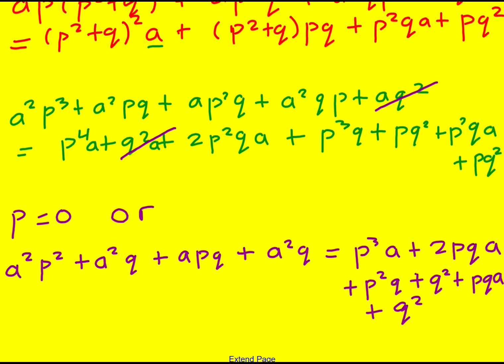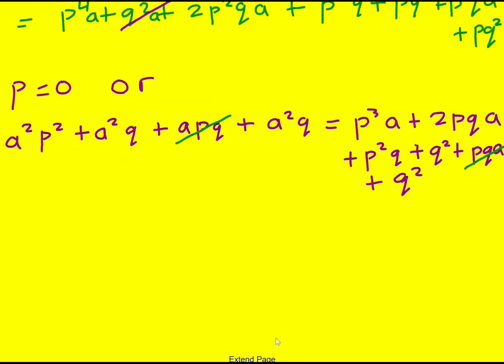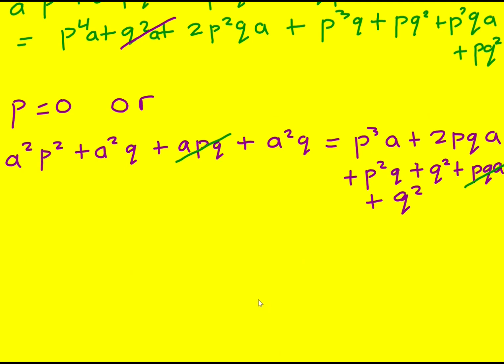Okay, let's just tidy this up. Can we cancel anything else out? We've got an APQ here and an APQ here, so they cancel. Now I'm going to start collecting terms up as best I can. So actually here I've got A squared. Oh no, that doesn't work. Right, I've then got A squared Q here and A squared Q here.